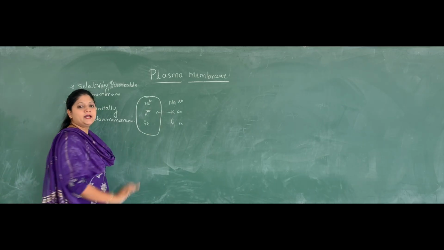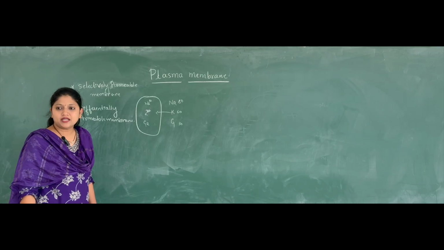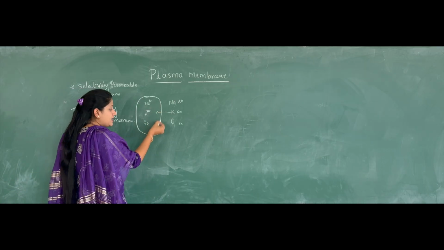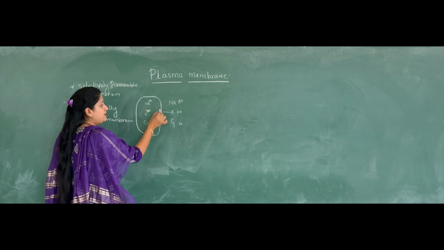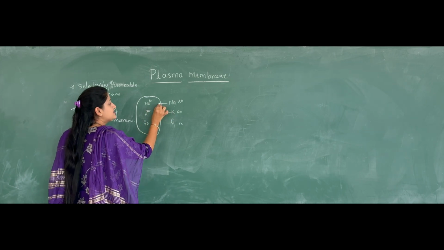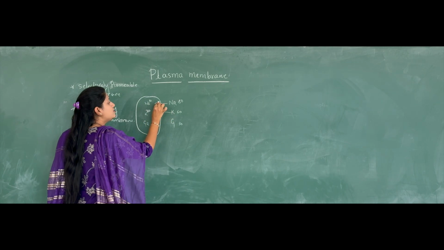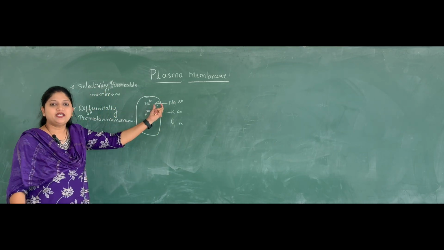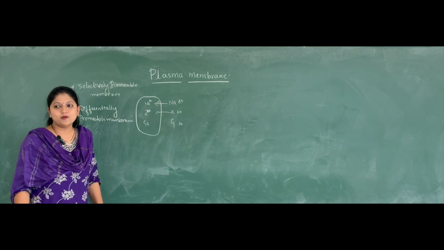Now all three are required inside. When all three are required inside, the same plasma membrane sends 35 molecules of sodium inside to maintain the equilibrium or the homeostasis.